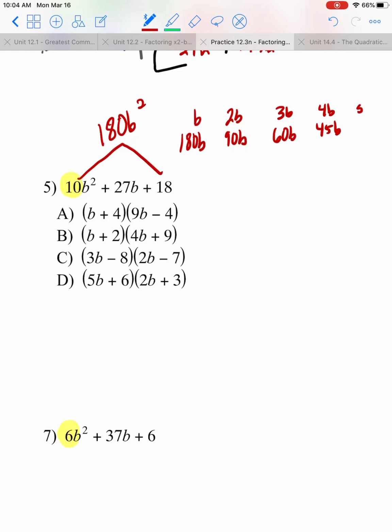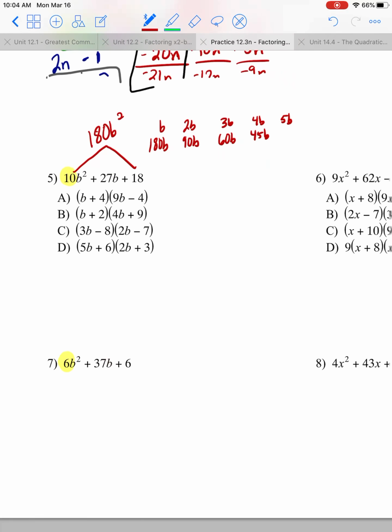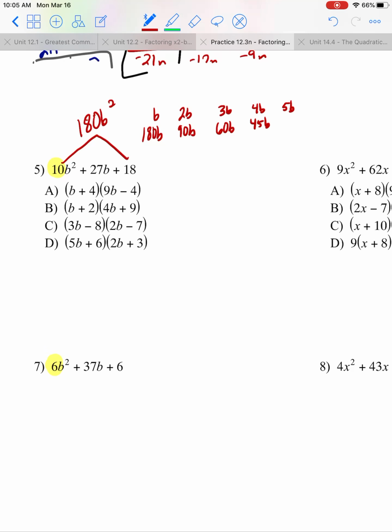I'll have 5b and 36b. I'll have 9b and 30b.